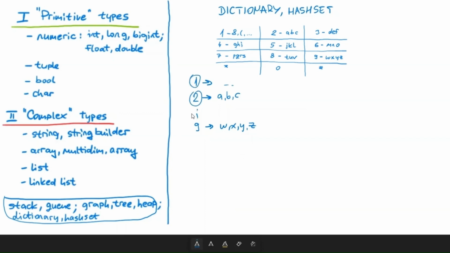Elements 1, 2, and so on, up to 9, are called keys, and lists of letters are values in the dictionary.